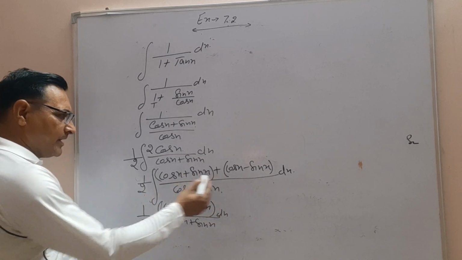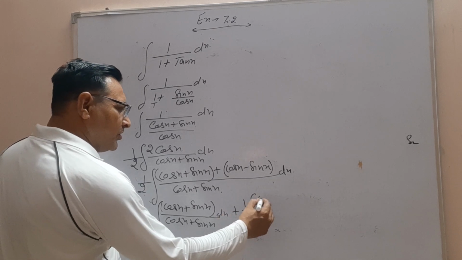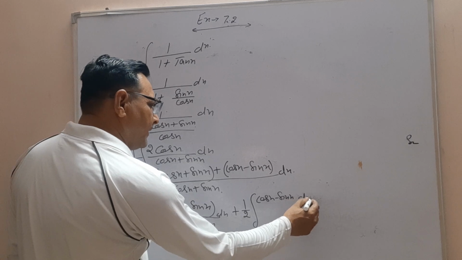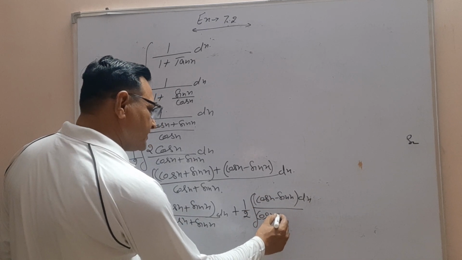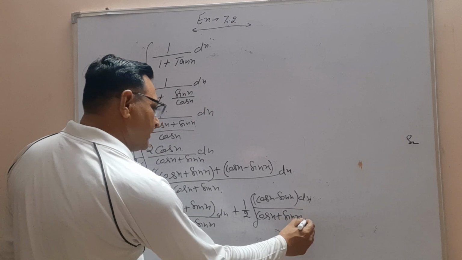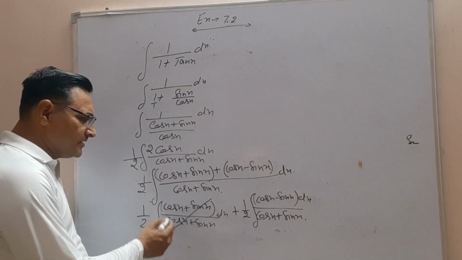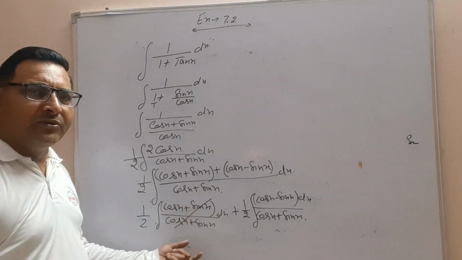Then again this 1 by 2 multiplies with the next term, 1 by 2 of cos x minus sin x upon cos x plus sin x. So here the numerator and denominator are the same, you can cancel this term. You will get only 1 into dx.